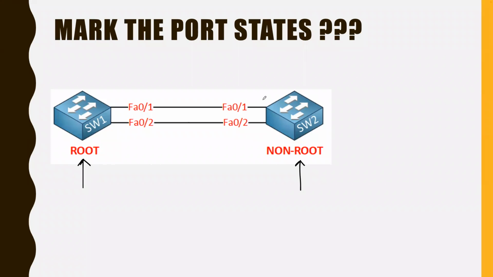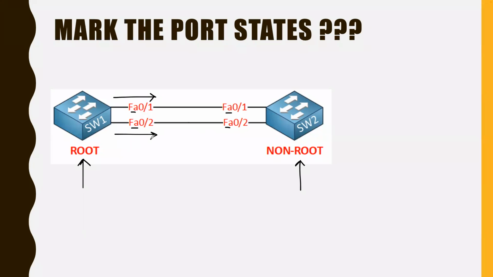Let's say here you have two different ports. Their cost will be the same since both are Fast Ethernet ports. What is the tiebreaker criteria? The second tiebreaker is the lowest sender bridge ID, but the sender bridge ID is the same on both ports.